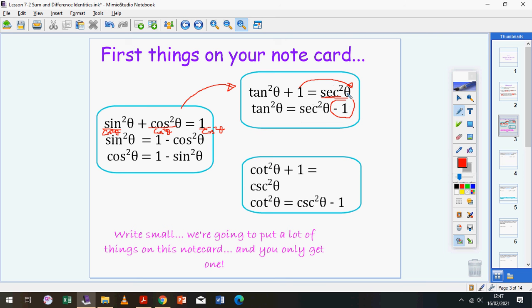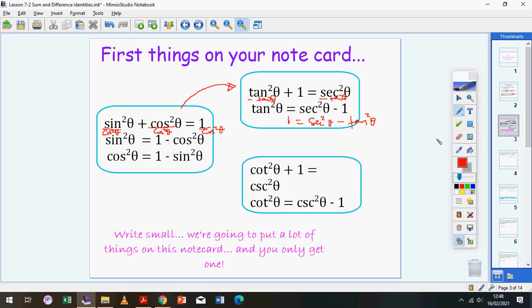You can also write it as 1 is equal to secant squared theta minus tan squared theta if you wanted to, if I take tan squared away from both sides. So I can express these identities or formulas however I want, and how I express them can help me solve problems according to what I'm interested in.